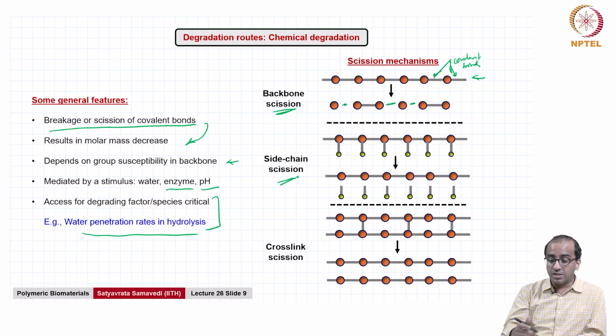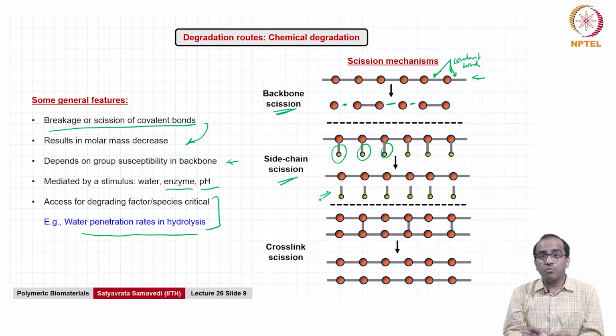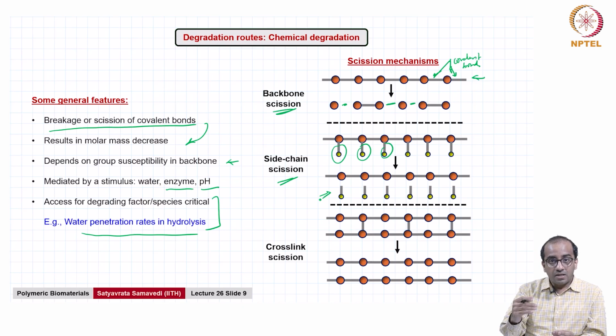You can have side chains such as shown here that get cleaved, right? So, you can actually have materials where the design itself incorporates a therapeutic molecule, for example, on the side, such that the cleavage happens here and the therapeutic molecule can be released.